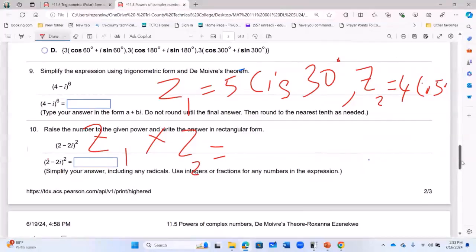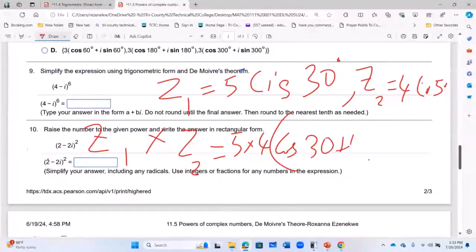So we are multiplying 5 by 4, and I'm going to expand. This is the cosine of the first angle plus the second angle. In other words, you add inside.